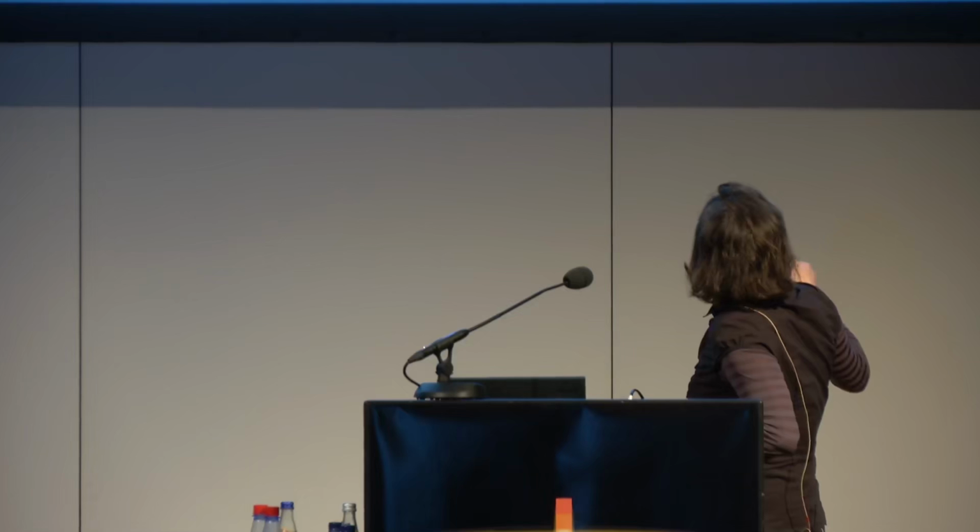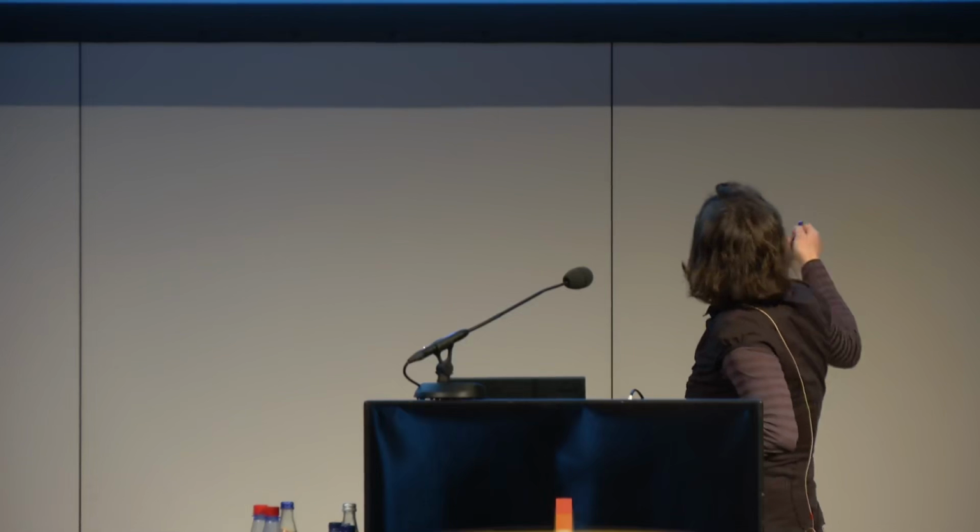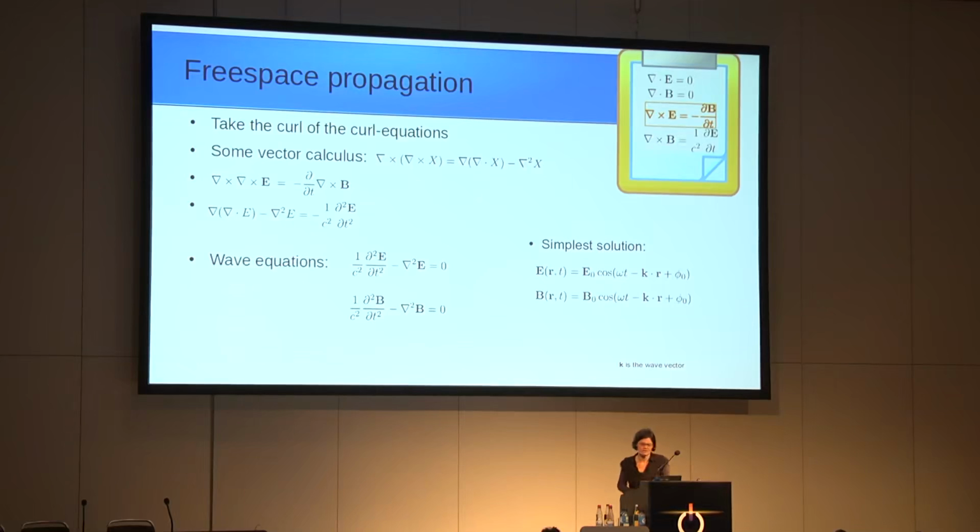The k here is the wave vector, and here we get our dependence on the location and the phase. This wave number k actually represents the rate of change of the phase and is also pointing in the direction of propagation.